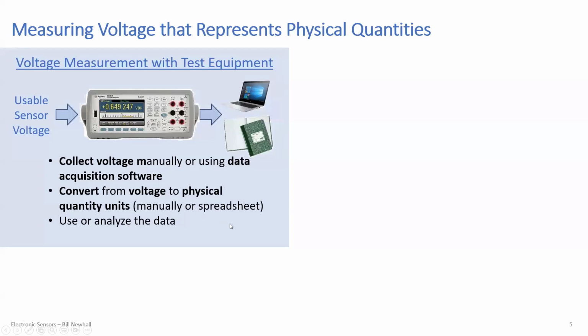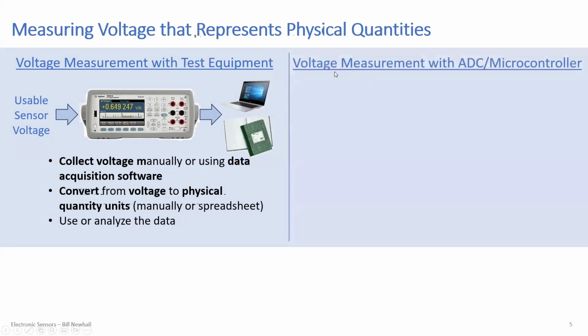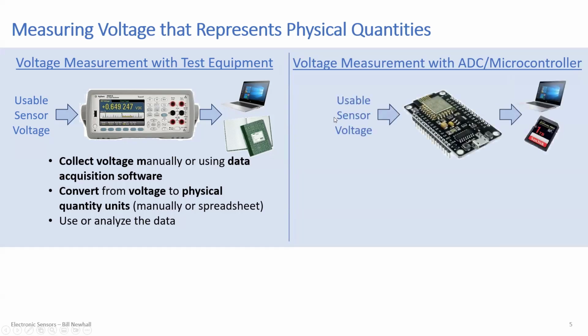But since we just finished talking about microcontrollers, oftentimes you'll do the voltage measurement with an analog to digital converter and a microcontroller or microprocessor, or otherwise some kind of digital system. Right, so you have some kind of usable sensor voltage coming into your microcontroller board. You'll store that on disk or in memory, or process it in real time or near real time.